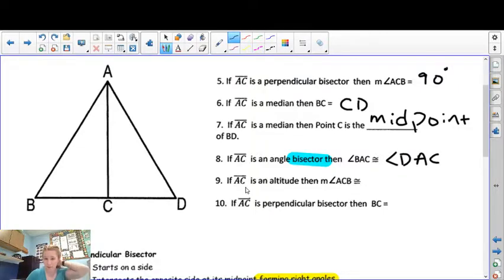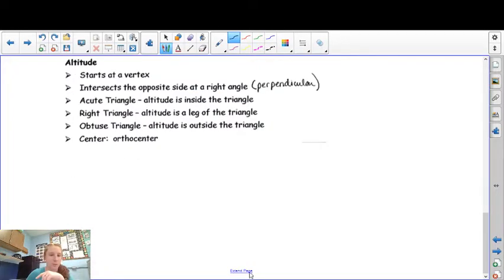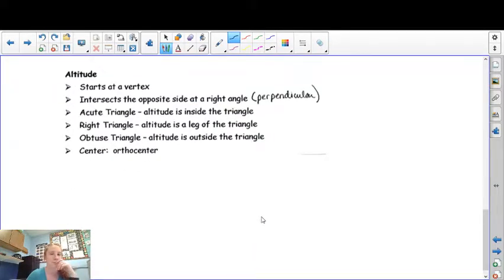All right, if AC is an altitude, then the measure of angle ACB, well, let's figure out what an altitude is. Starts at a vertex, intersects the opposite side at a right angle, creating something that we like to call perpendicular.